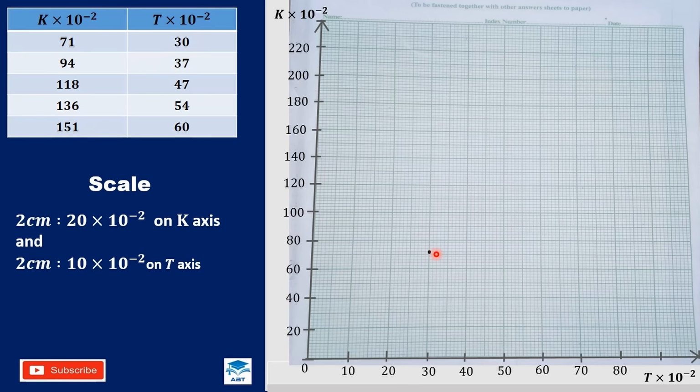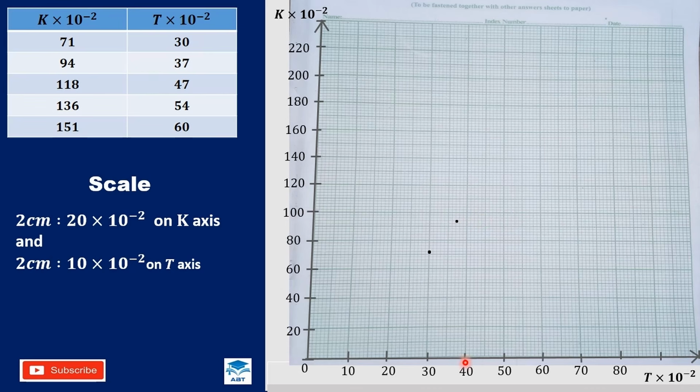For the next point, we have 94 and 37. This is 30, we count 7 boxes. And for 94, between 80 and 100, we have 90, and for 4, we move 2 boxes. So we put the point here. The next one, we have 47 and 118.